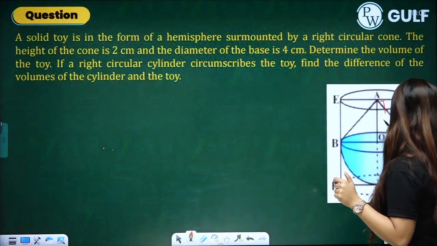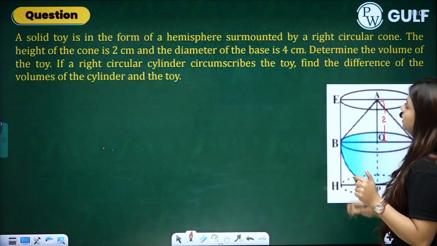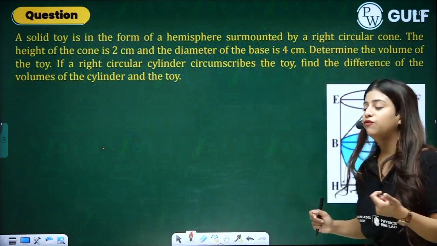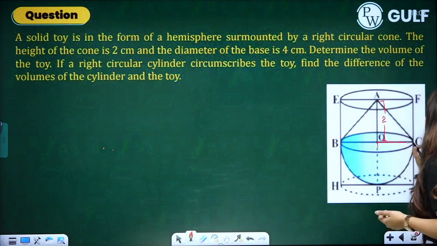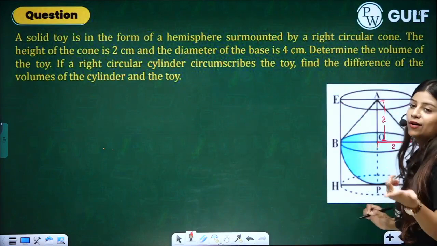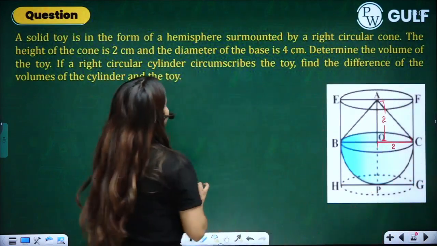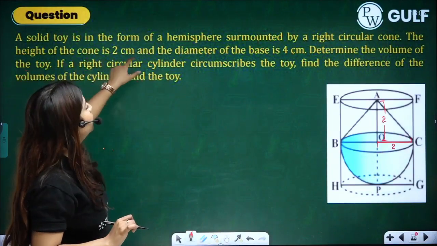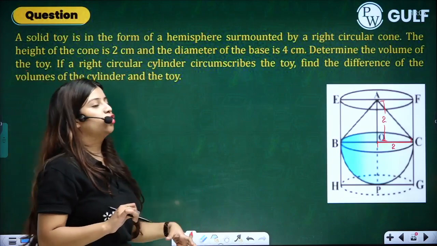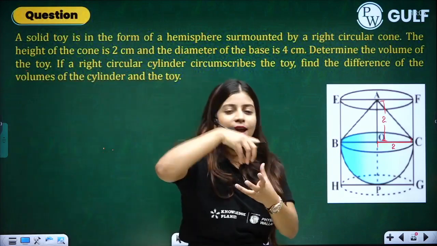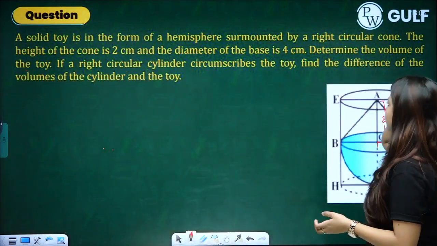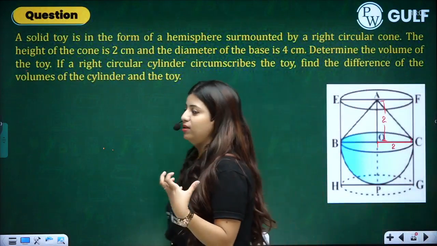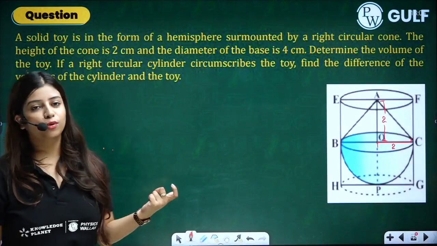The diameter of the base is 4, which means the radius of both the cone and the hemisphere turns out to be 2 centimeter. Determine the volume of the toy if the right circular cylinder circumscribes the toy, that means completely takes it under it. Then find the difference between the volume of the cylinder and the volume of the toy, that means a subtraction of both of them.